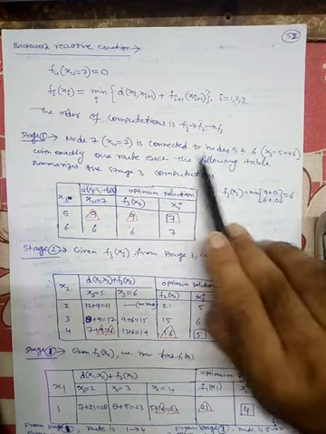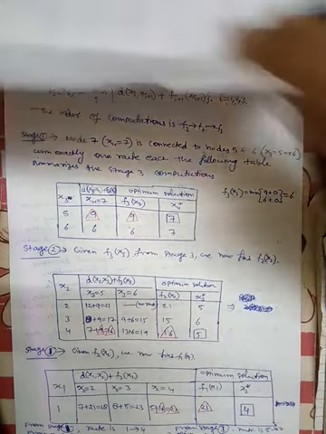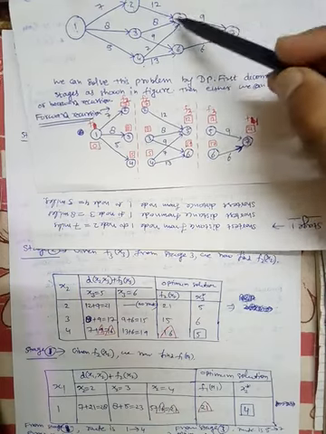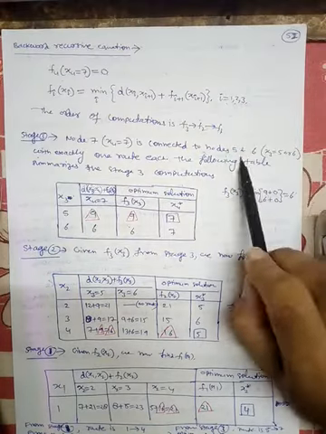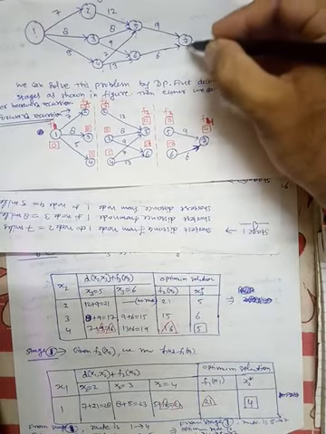Now this node is connected to node 5 and 6. So what will be the value of x3 if we are denoting this as x4?